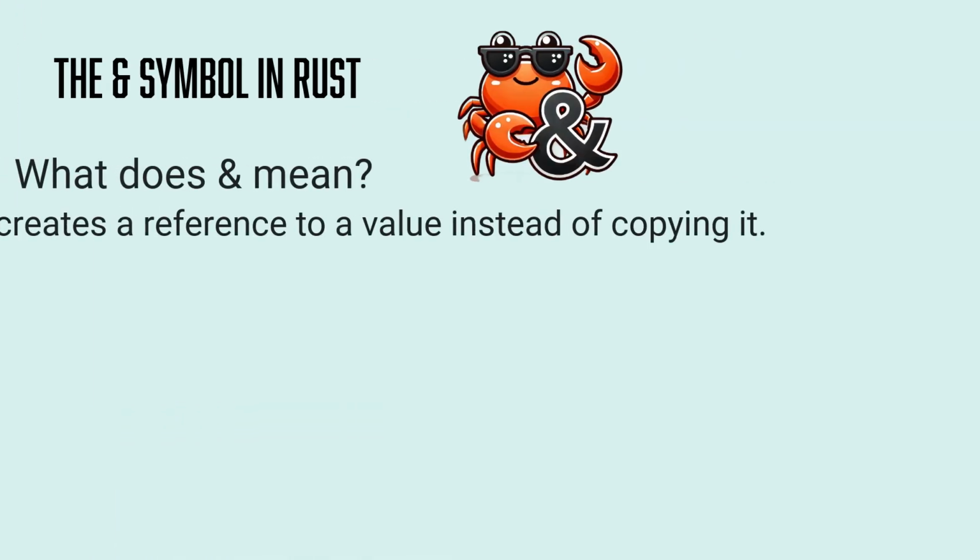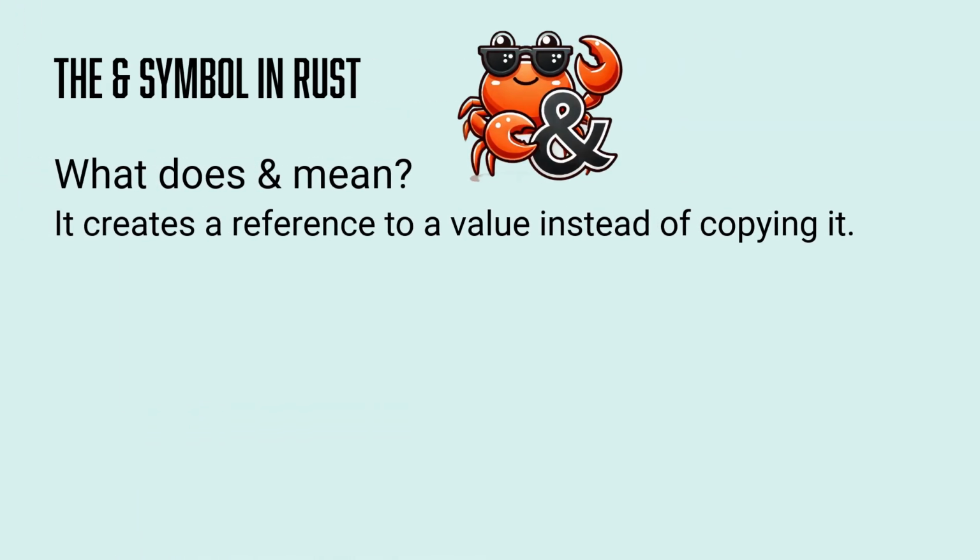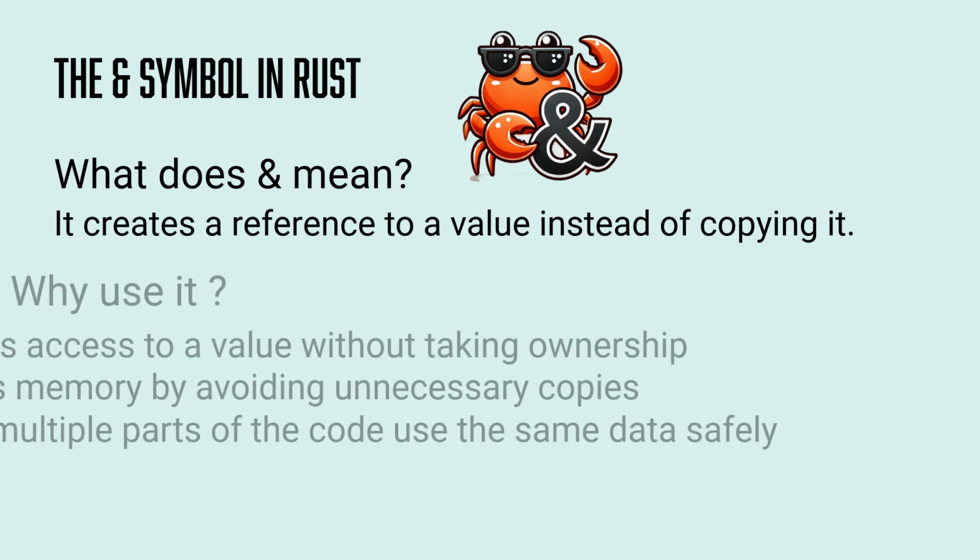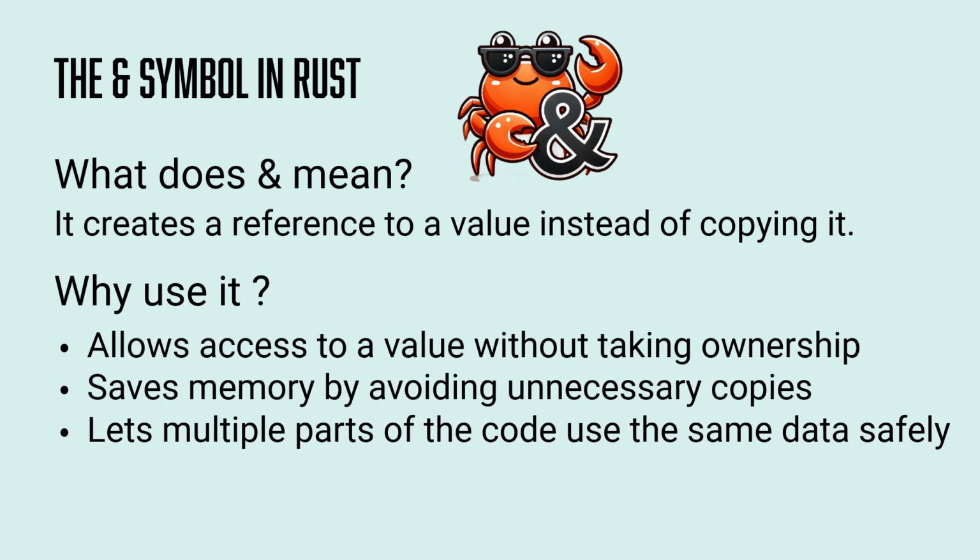The ampersand symbol indicates that this argument is a reference, allowing multiple parts of the code to access the same data without making unnecessary copies. References are a key feature in Rust that help manage memory safely and efficiently. We'll dive deeper into borrowing and ownership in upcoming videos.